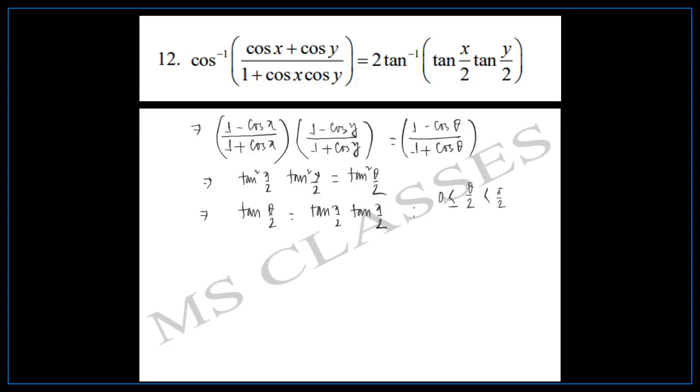In that respect, this will definitely be positive. Now I have taken both positive and we got this. From this we can write theta equal to 2 tan inverse of tan x by 2 tan y by 2. Done.